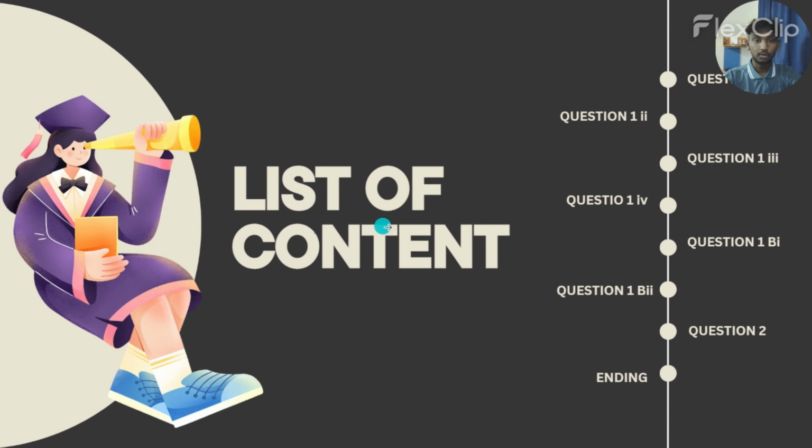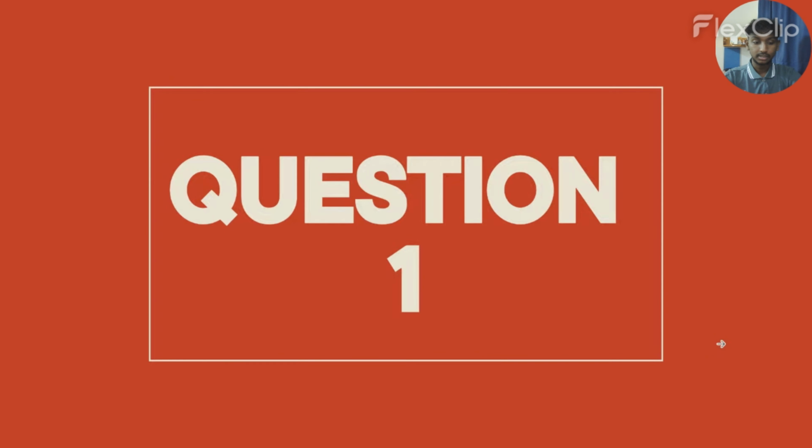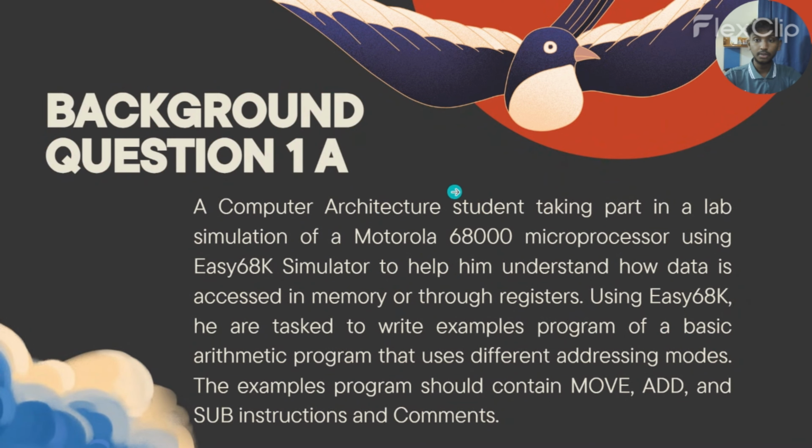These are the list of contents of the questions, starting from question 1 all the way to question 2. Question 1. Before I start I would like to read the background of question 1A. A computer architecture student taking part in a lab simulation of a Motorola 68K microprocessor using Easy68K simulator to help him understand how data is accessed in memory or through registers.